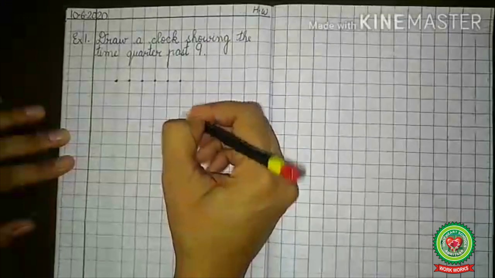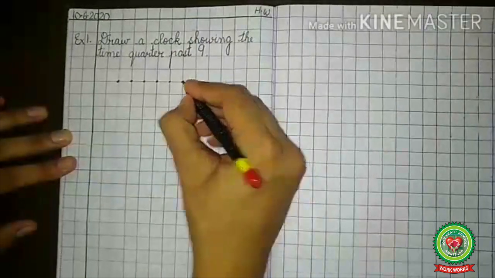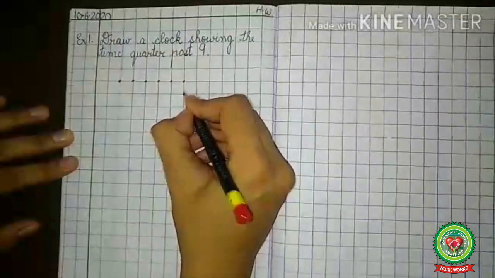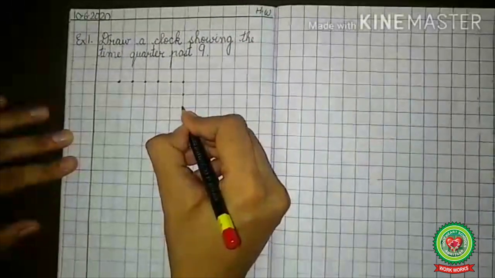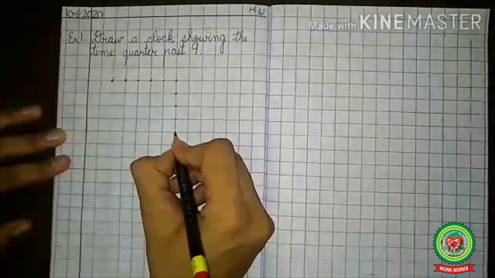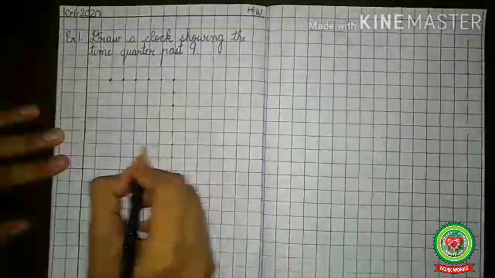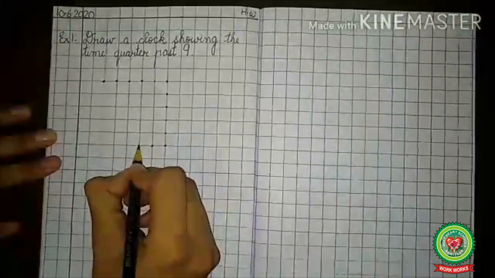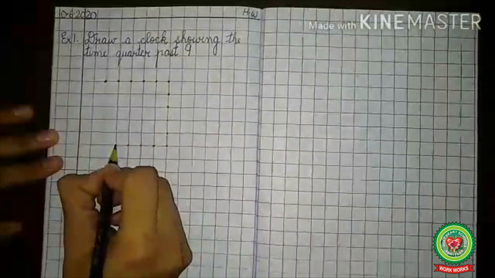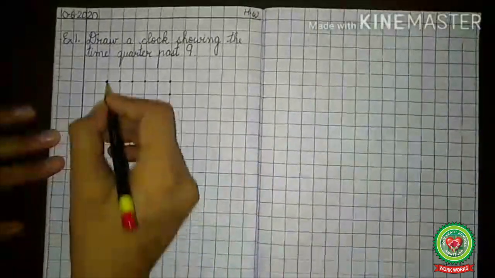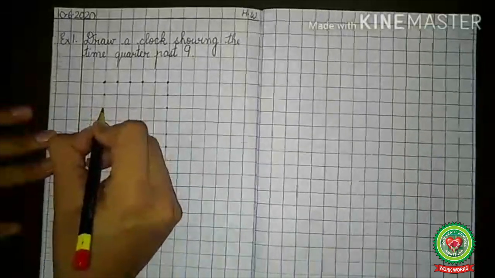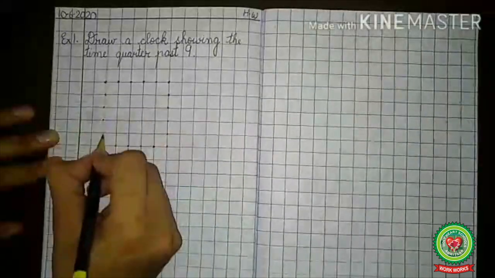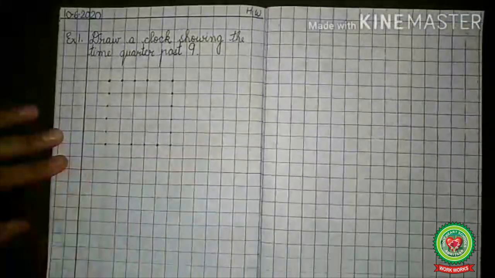Now on the right hand side, count this as 1 and draw 6: 1, 2, 3, 4, 5 and 6. Similarly, count this as 1, 2, 3, 4, 5, 6. And here also, 3, 4, 5 and this is 6.